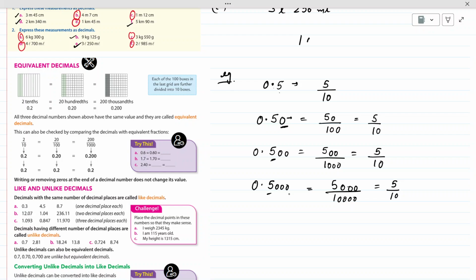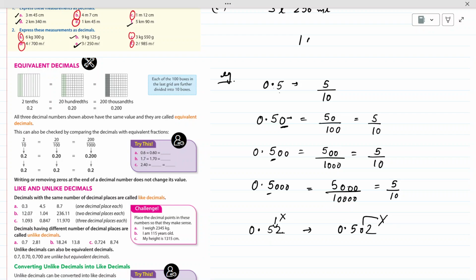This is the end, this is the end. So if this is the end, I can add any number of zeros to the decimal number. But if I have a number, let's say 0.52, I cannot add any zero in between. I cannot make this 0.502. This will be completely wrong.